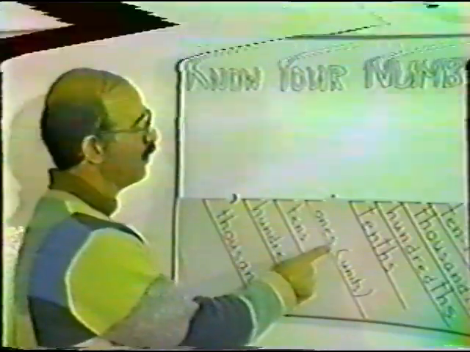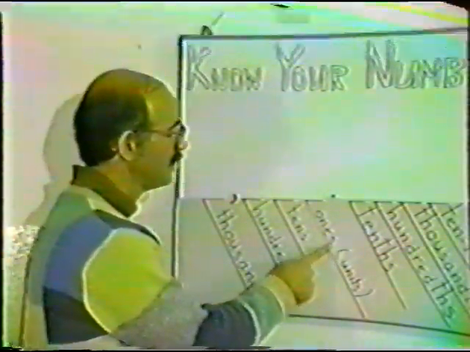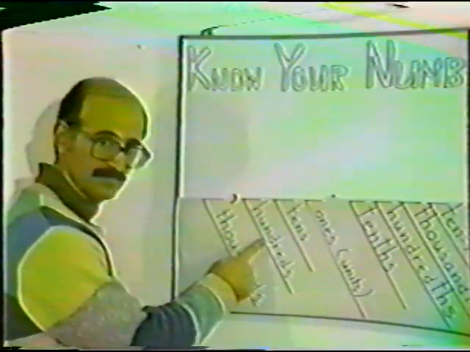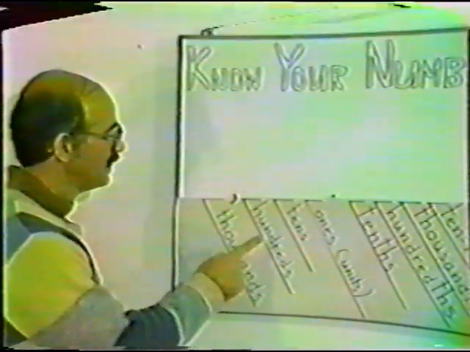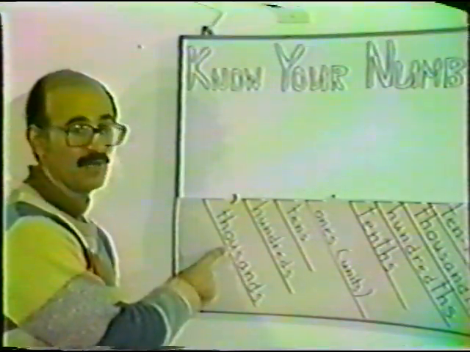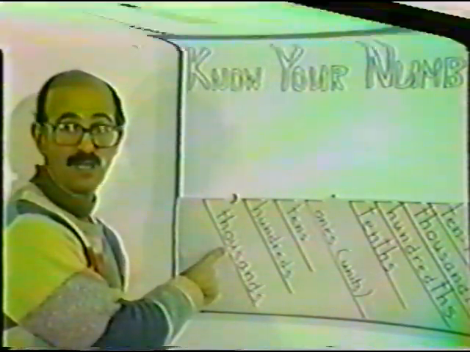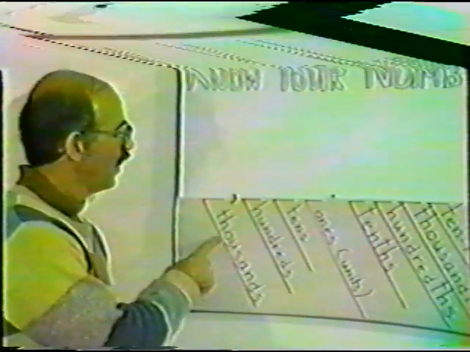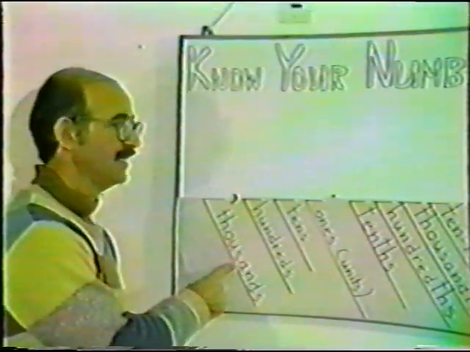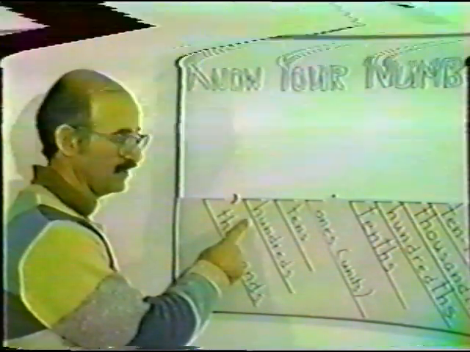So 1 times 10 is? 10. Times 10 is? 100. Times 10 is? 1,000. Now let's do it in the other direction, and this time we'll divide. 1,000 divided by 10 is? 100.